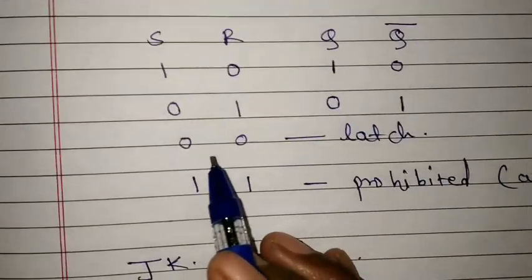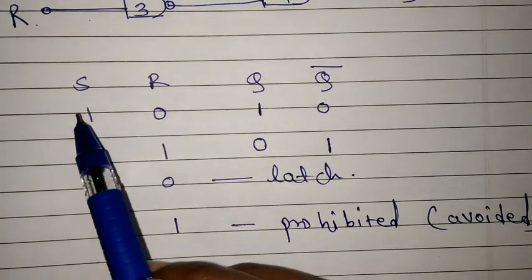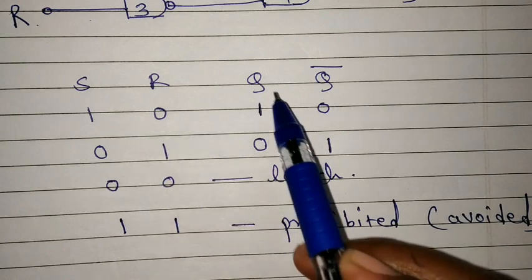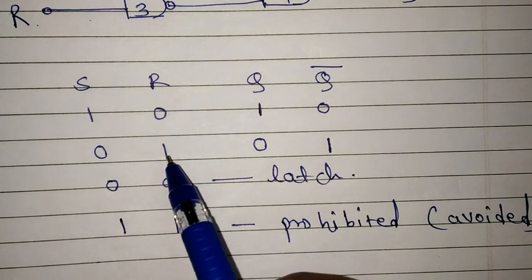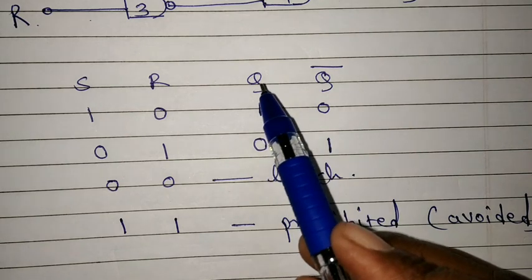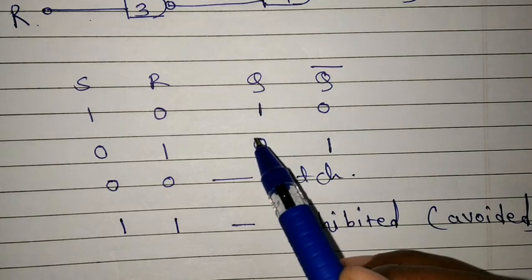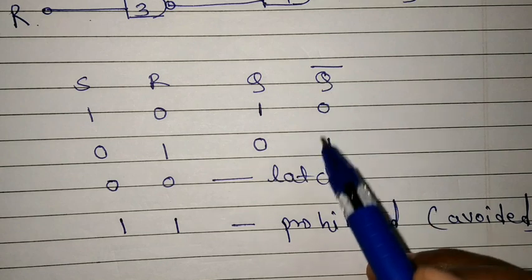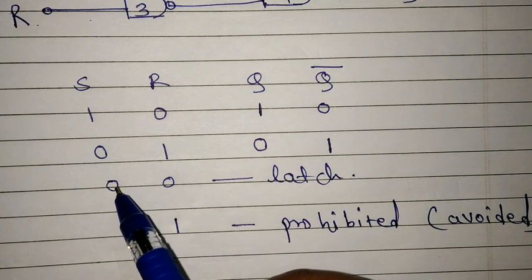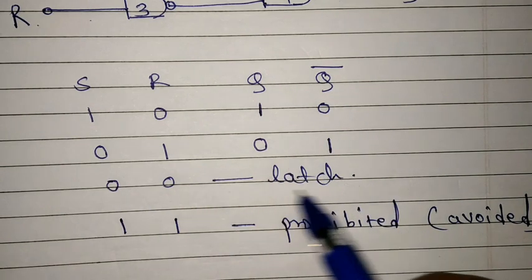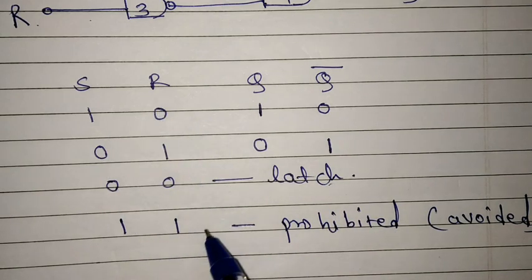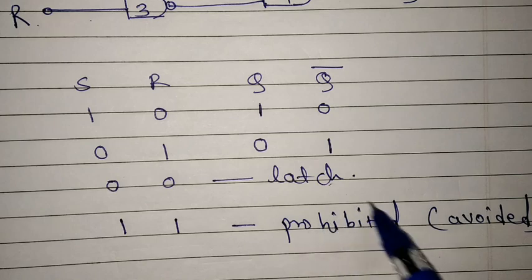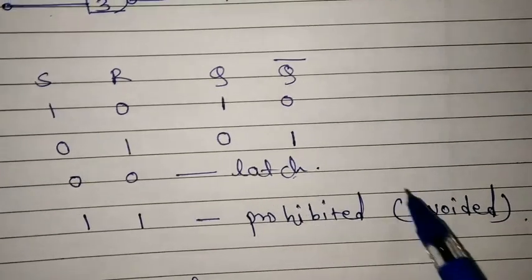So see the truth table of this SR flip-flop. If set is 1, R is 0, Q will be 1, Q bar will be 0. If set is 0, reset is 1, then the circuit will be reset, that is Q is 0 and Q bar is 1. If both are 0, it will work normally as an SR latch, and if both inputs are 1, then this condition is prohibited or avoided.